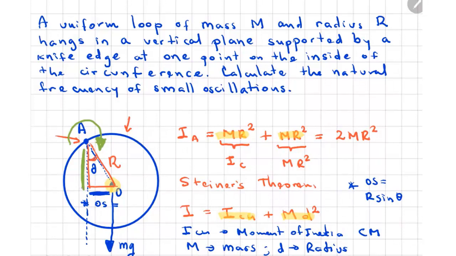It won't contribute because it's parallel to the weight. Because they are parallel, that side won't contribute to the torque, but the blue one, the opposite side, is going to contribute to the torque.